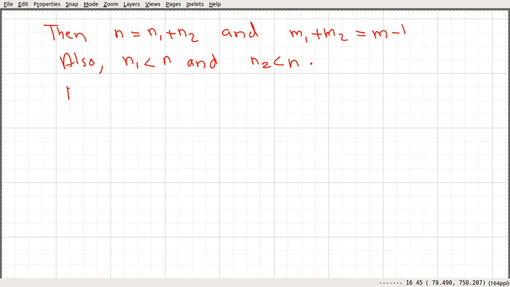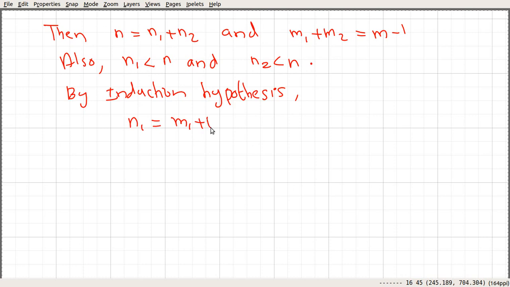By induction hypothesis, since n1 is less than n and n2 is less than n, n1 is equal to m1 plus 1 and n2 is equal to m2 plus 1.